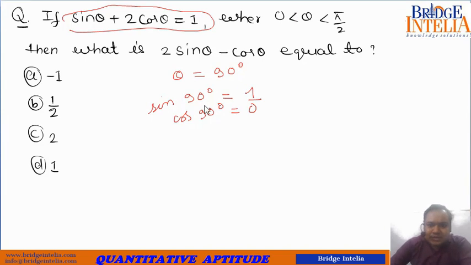So you can see that if you choose theta to be equal to 90 degrees, it seems to satisfy the first condition. So just by substituting theta, you can find out which of the given options is correct. Because if I choose theta to be 90 degrees, the first condition is fulfilled.